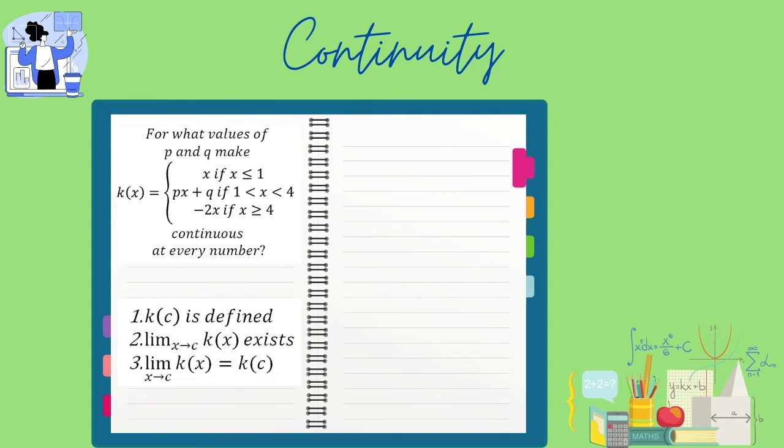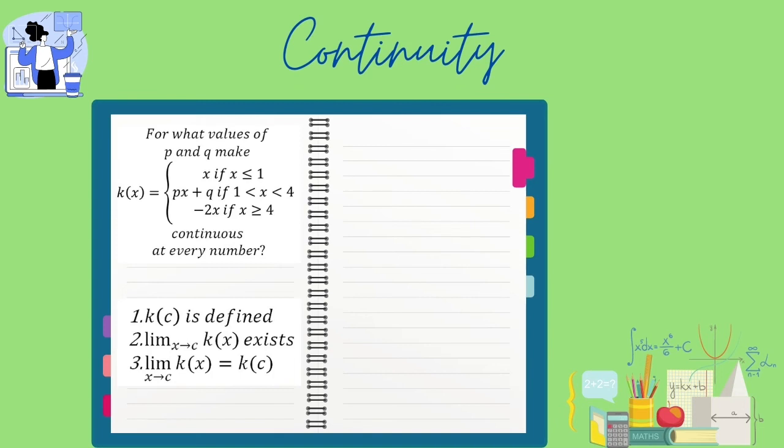Recall the conditions for continuity at a number. Each of the three parts of this function are continuous at all x values within the specified intervals. K of x is also defined at any real number including 1 and 4.